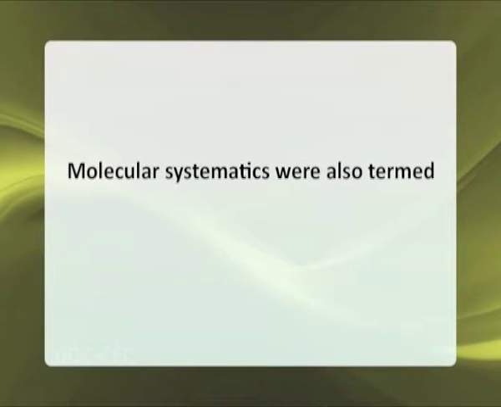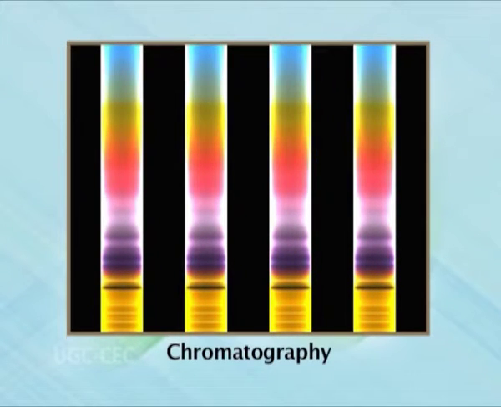Early attempts at molecular systematics were also termed chemotaxonomy and made use of proteins, enzymes, carbohydrates and other molecules that were separated and characterized using techniques such as chromatography.